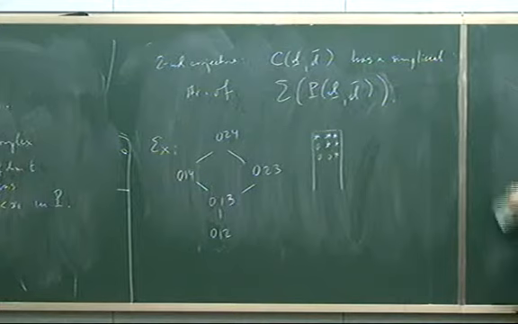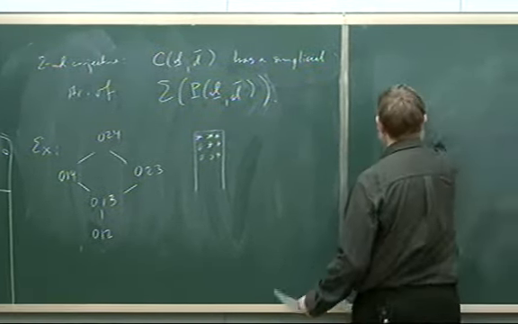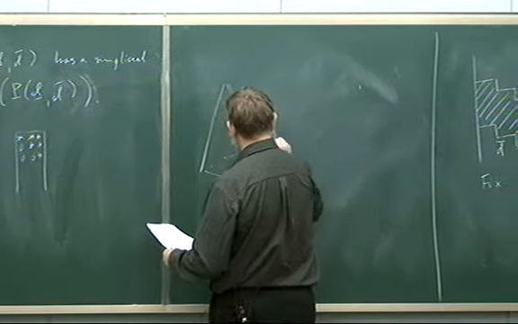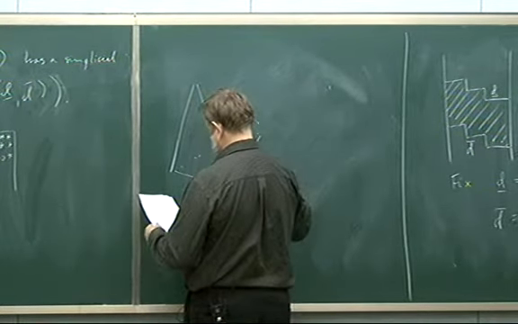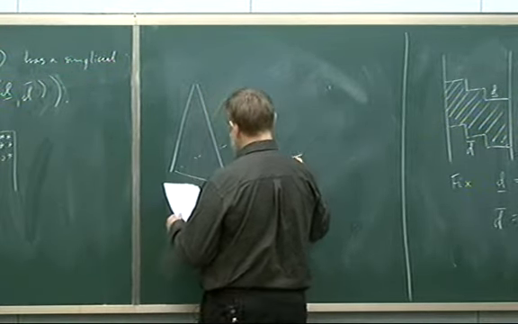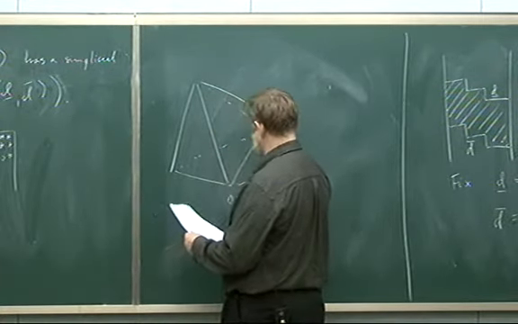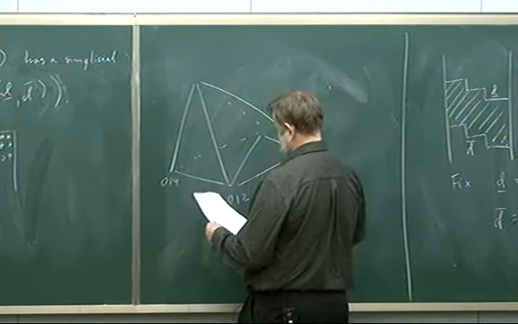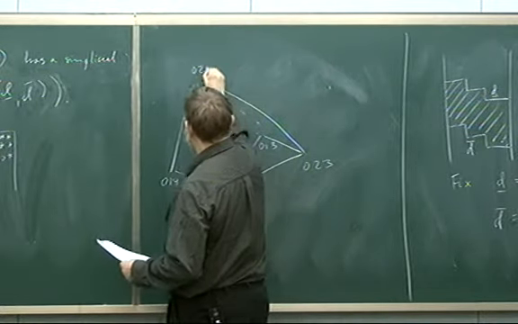This will be two tetrahedra joined at one of the faces. So this will be 0, 1, 2, 0, 1, 4, 0, 2, 3, 0, 1, 3, 0, 2, 4.